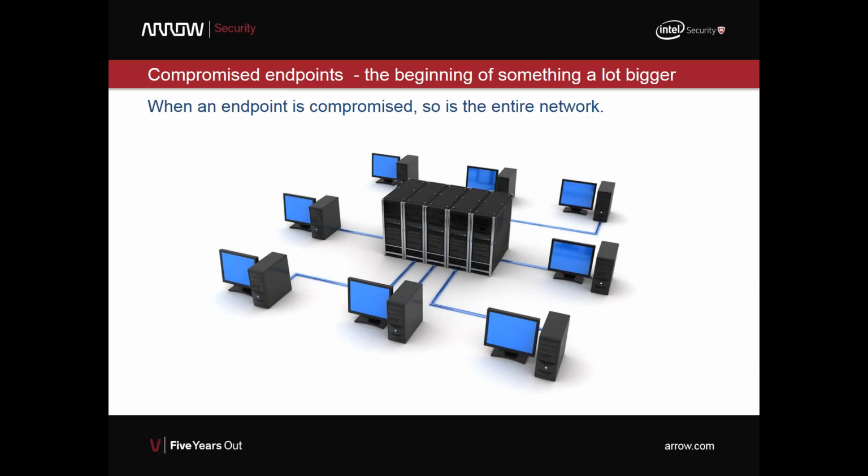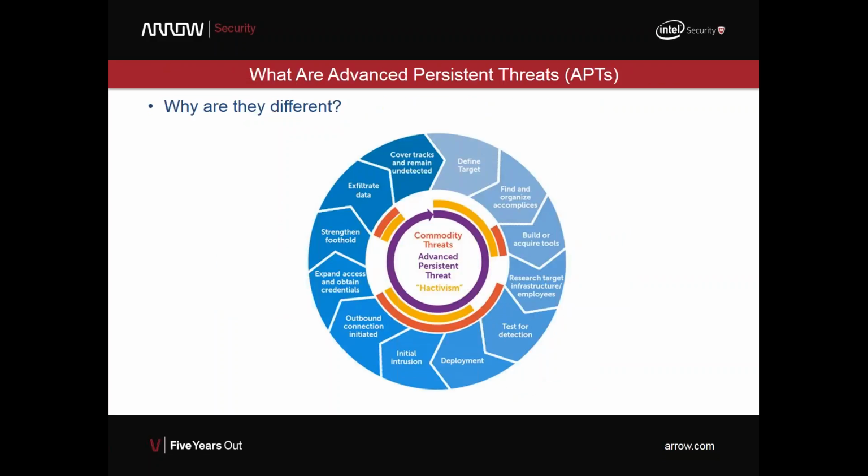So your hypervisors, your storage, users have very long reach into environments. And as a result, a compromised endpoint rapidly becomes a compromised infrastructure. So you need to think about how you actively monitor your environments for threats and how you would remediate them.